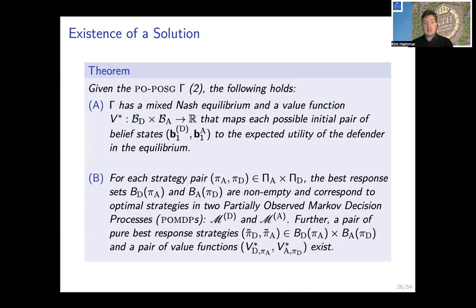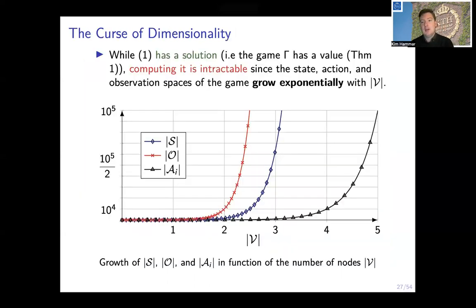Unfortunately, the bad news is that even though the solution exists, computing it for any non-trivial instantiation of the game is intractable. The reason is that the spaces of the game, the state, action, and observation spaces, grow exponentially with the number of nodes. As you can see in the plot here, if you have 1, 2, or 3 nodes, you can probably solve the game.